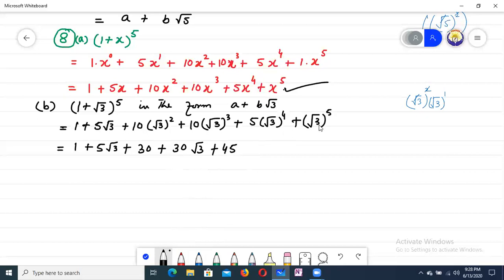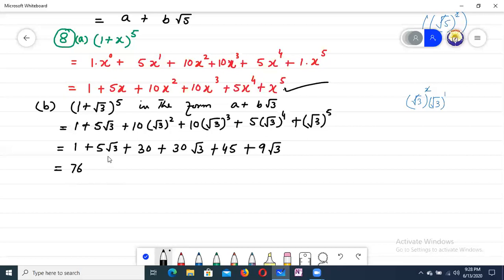Here square root 3 raised to the power 5: square root 3 raised to the power 4 we can make separate, and 1 square root 3 will be separate. That power 4 will be 9, and square root 3 will be there. That is 9 square root of 3. Now we will add the like terms. 1 plus 30 is 31, 31 and 45 will be 76.